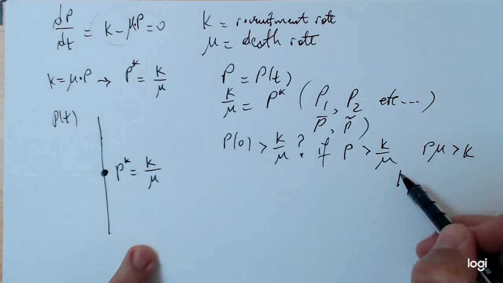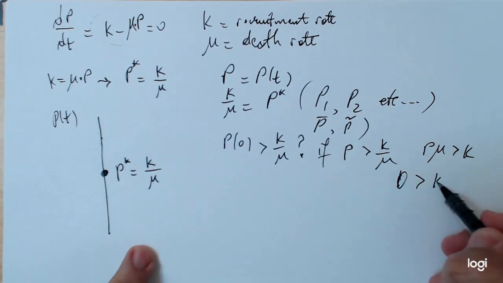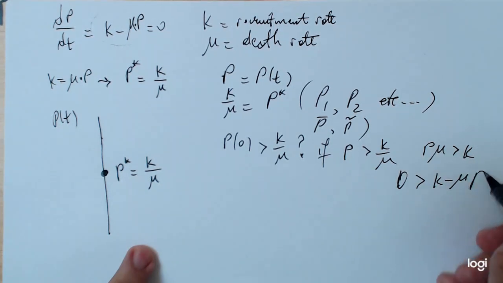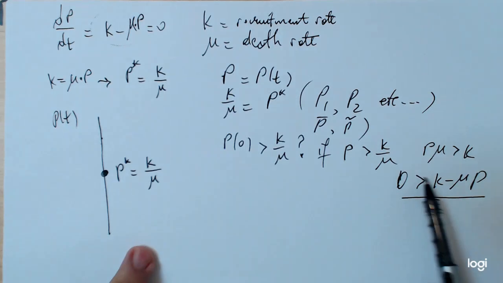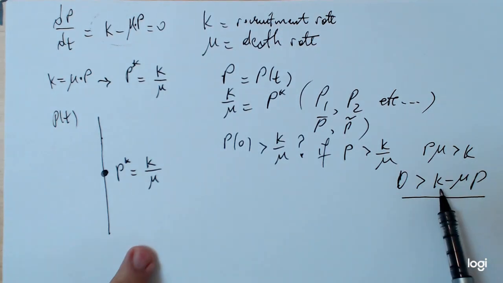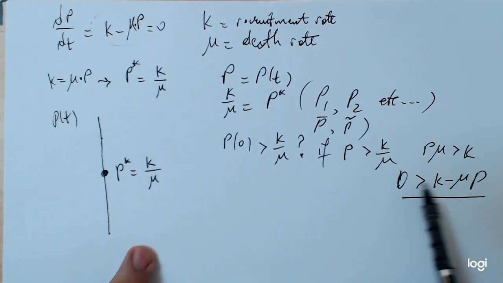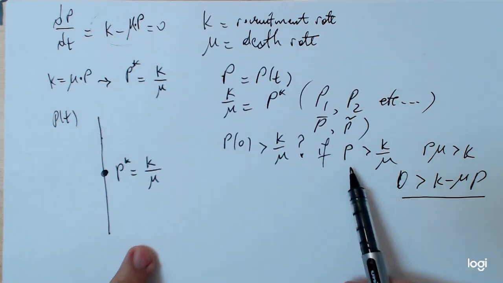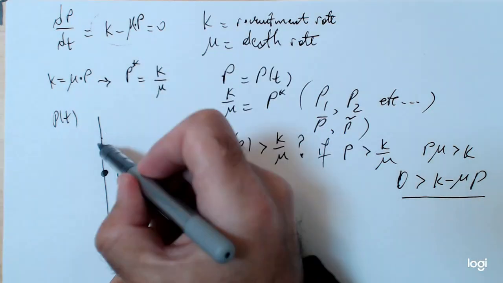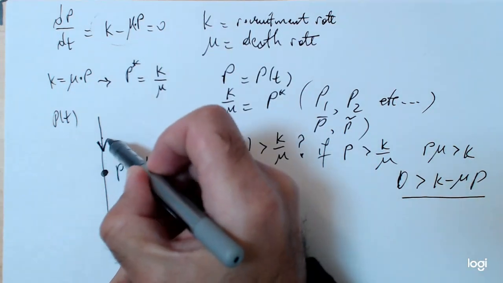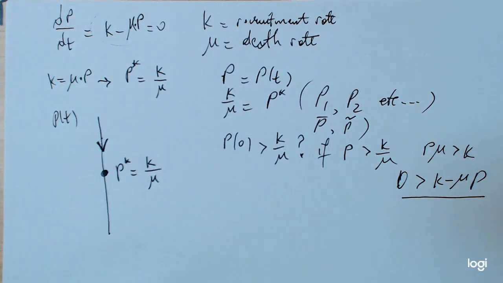And then if you move p mu to the right-hand side, that's k minus mu p less than 0. You have to be careful here not to mess up this inequality, to keep the order of the terms in the correct way. But obviously, if you start above k over mu, then k minus mu p is negative, and therefore p prime is negative, so therefore p of t decreases.